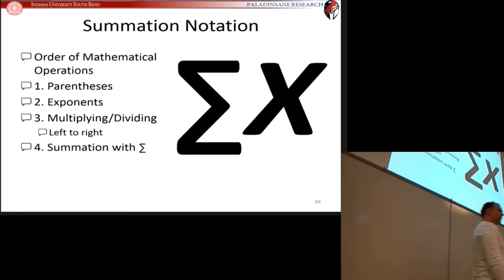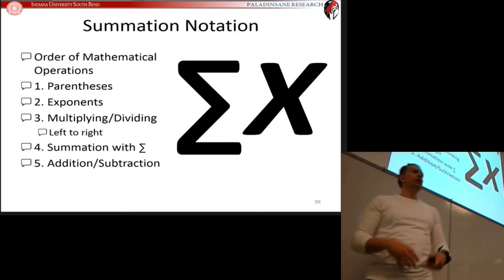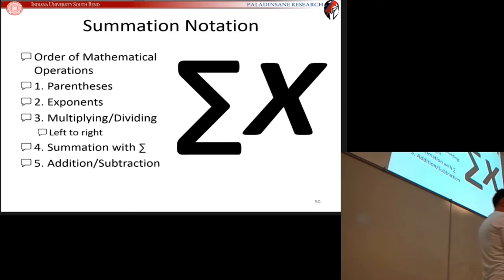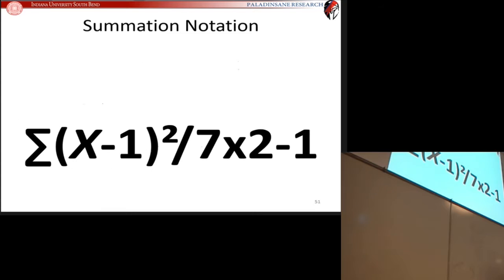It gets to go first. So after multiplying and dividing from left to right, then you sum anything that has the summation sigma symbol. And then once you're done with that, you get to do any addition and subtraction, once again going from left to right. So let's take a look at that in a formula here.